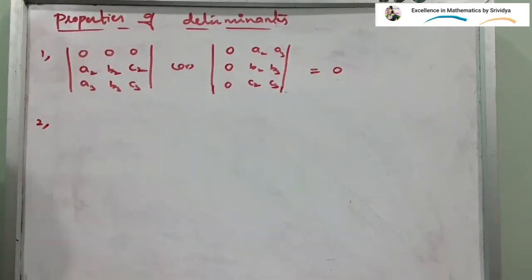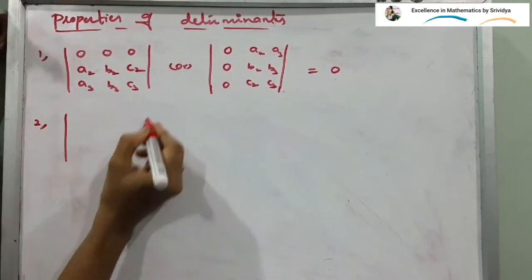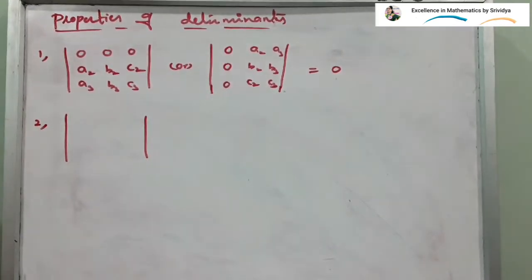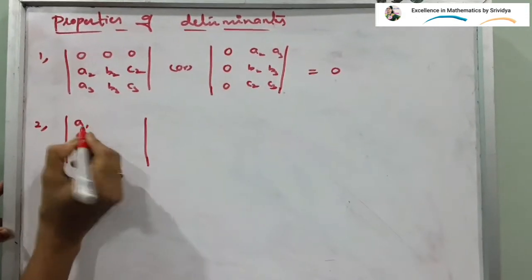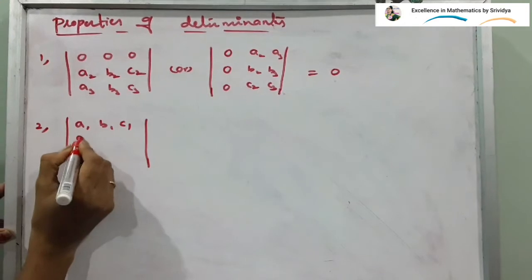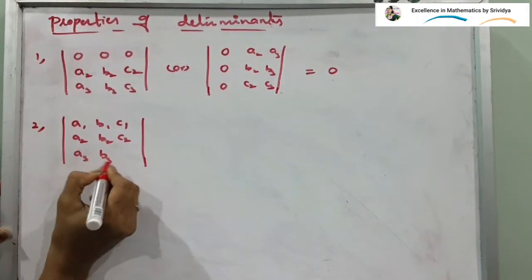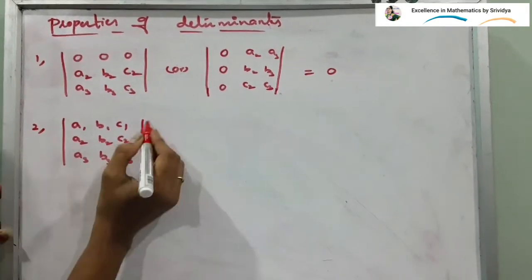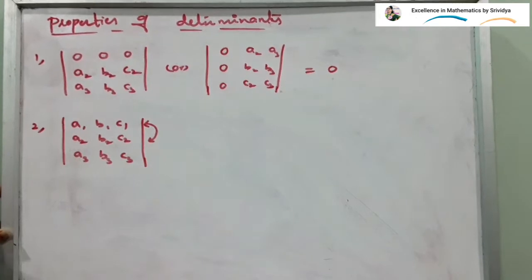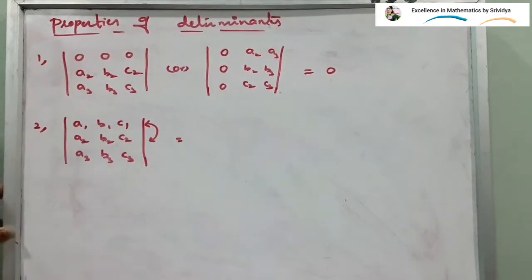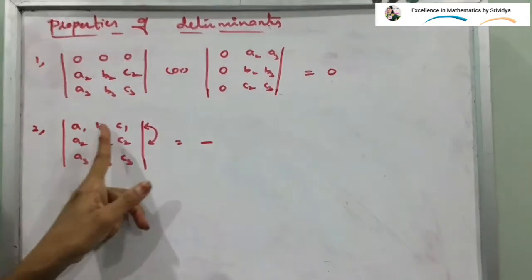Second one, if two rows or columns of a square matrix are interchanged, that means let us take A1, B1, C1, A2, B2, C2, A3, B3, C3. Here we interchange R1 and R2, which gives plus or minus.